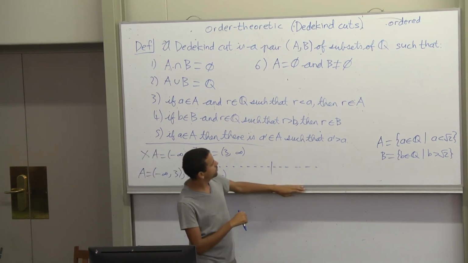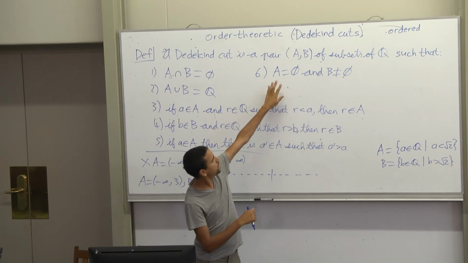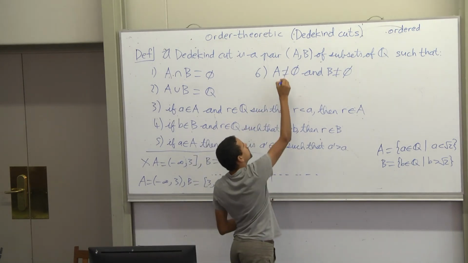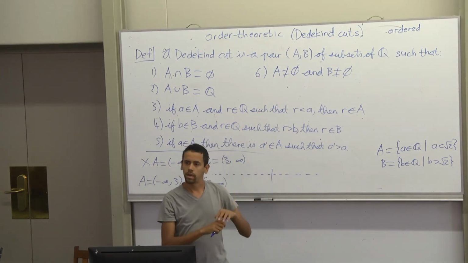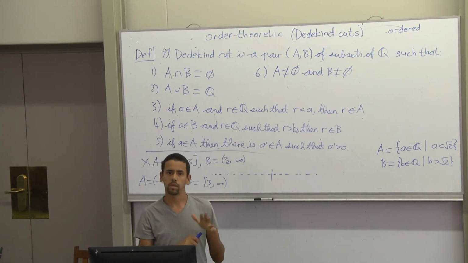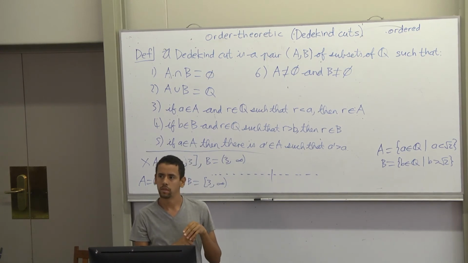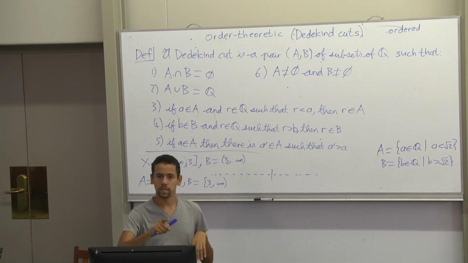But maybe ask a question: why did I have to add the condition that A and B are not empty sets? Because infinity is not a real number.